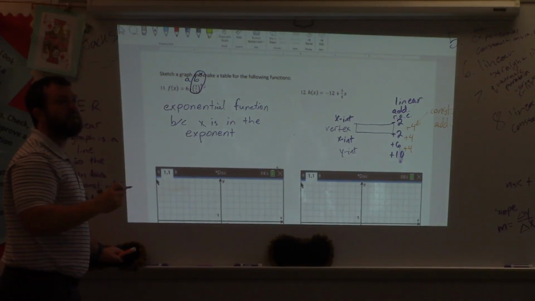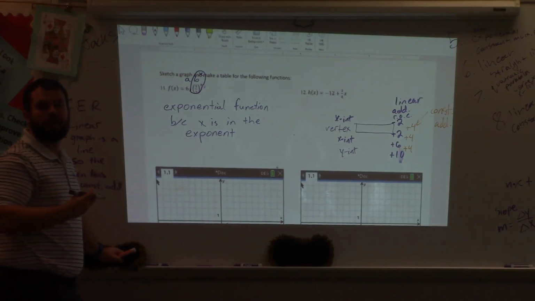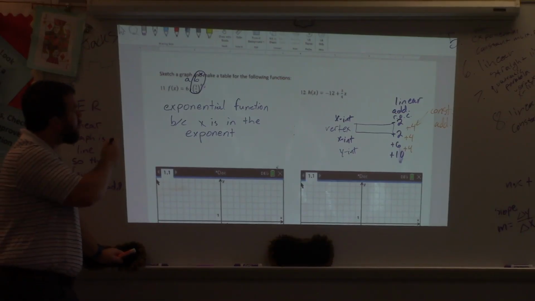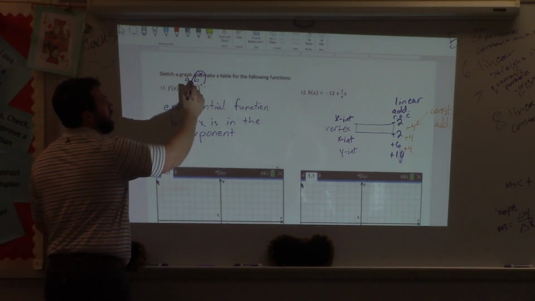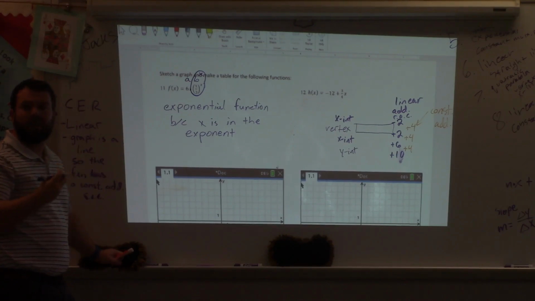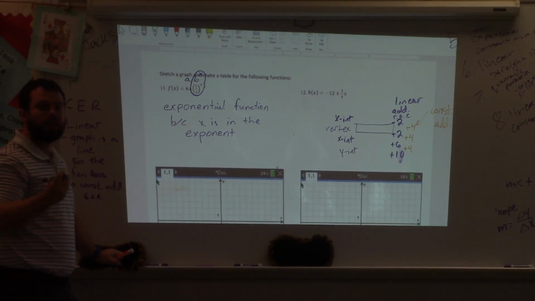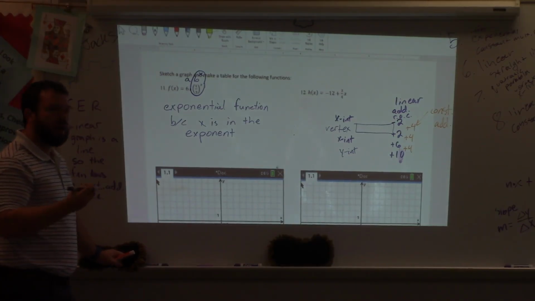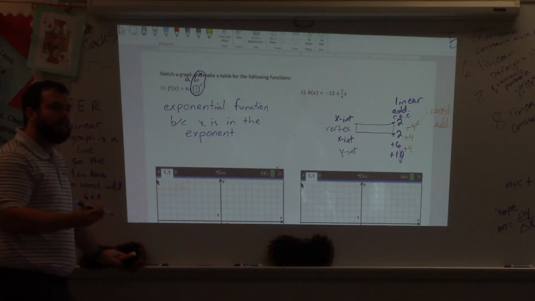Constantly multiply. So what are we constantly multiplying by? The b, but look at the equation. What are we constantly multiplying by? 1/3. Right? The variable exponent x tells us to constantly multiply by 1/3.